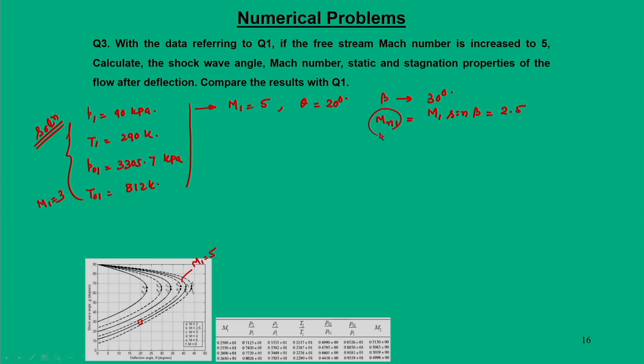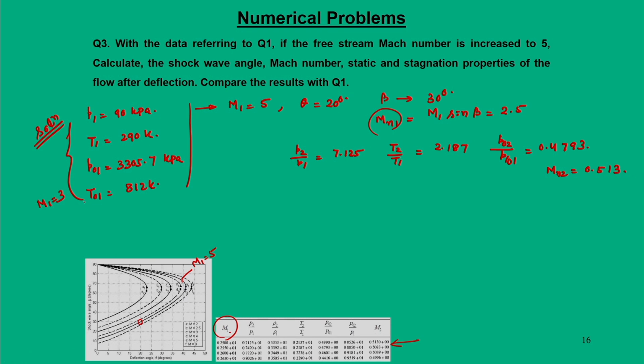For this Mn1 of 2.5, we refer to the normal shock table, which gives these ratios: P2 by P1 7.125, T2 by T1 2.187, P naught 2 by P naught 1 0.4793, and Mn2 0.513. Okay.